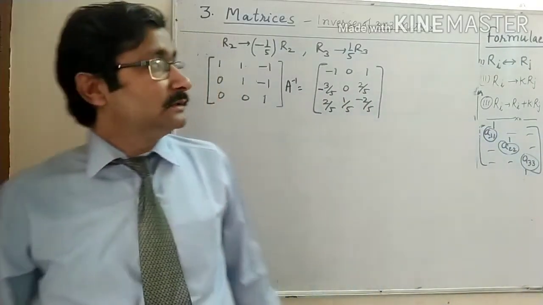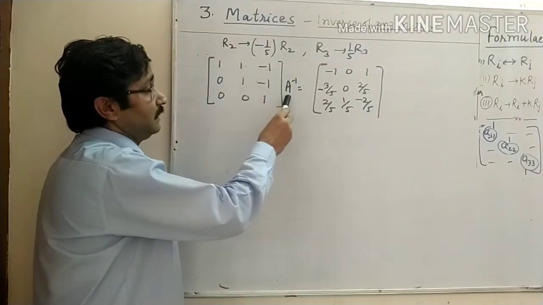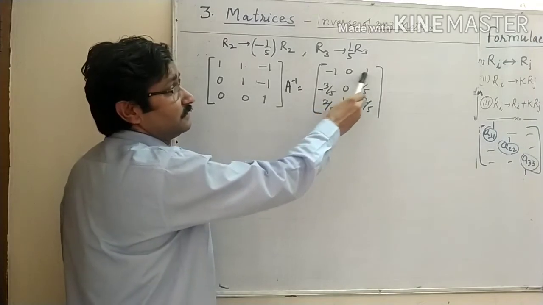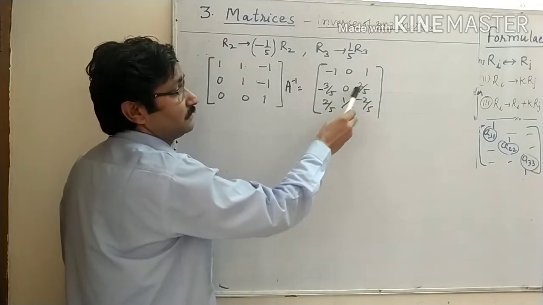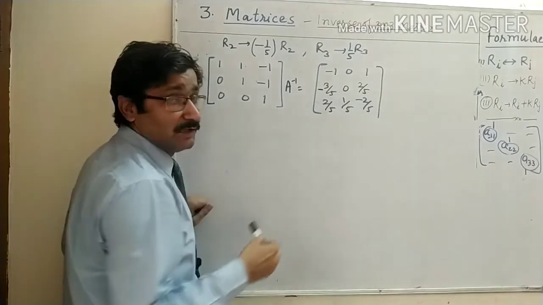Look here, we get this matrix A inverse equal to this matrix. First row is minus 1, 0, 1, minus 3 by 5, 0, 2 by 5, 2 by 5, 1 by 5, and minus 2 by 5.